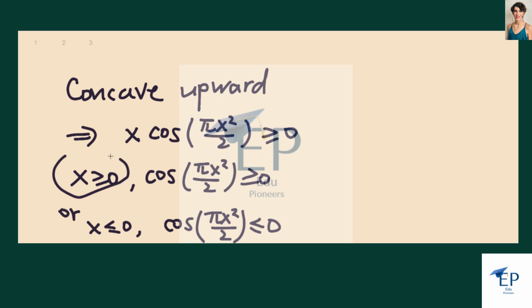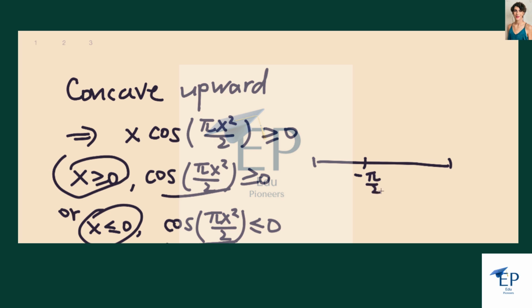So this part is easy. How do we figure out when cosine of something is positive or negative? Cosine looks like this. This part will be positive. Then this is 3 pi over 2.